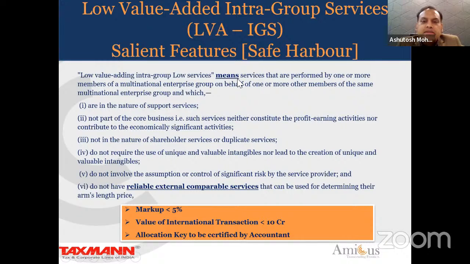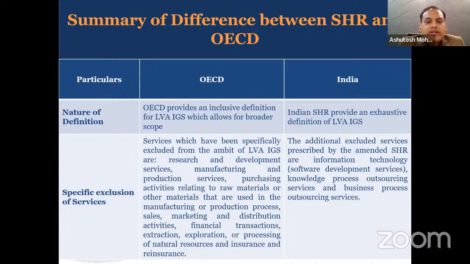It says that it means services that are performed by one or more members of an MNE on behalf of one or more other members of the same MNE, and which, and then it goes on. So the use of the word "means" implies that this is an exhaustive definition, whereas OECD has kept a broader inclusive definition, leaving room for inclusion of some other low value added intra-group services also.